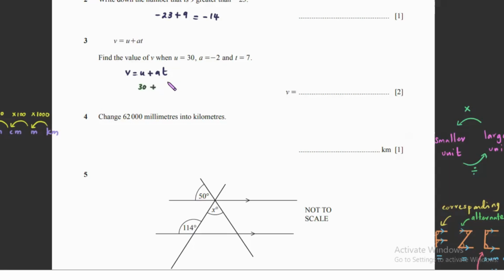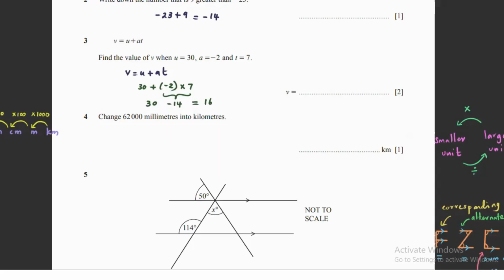Add that with the value of a, which is -2, multiplied by the value of t, which is 7. So 30 plus -2 times 7, and -2 times 7 is equal to -14. So you have 30 minus 14, which gives you 16 as the answer. This is the value of v.